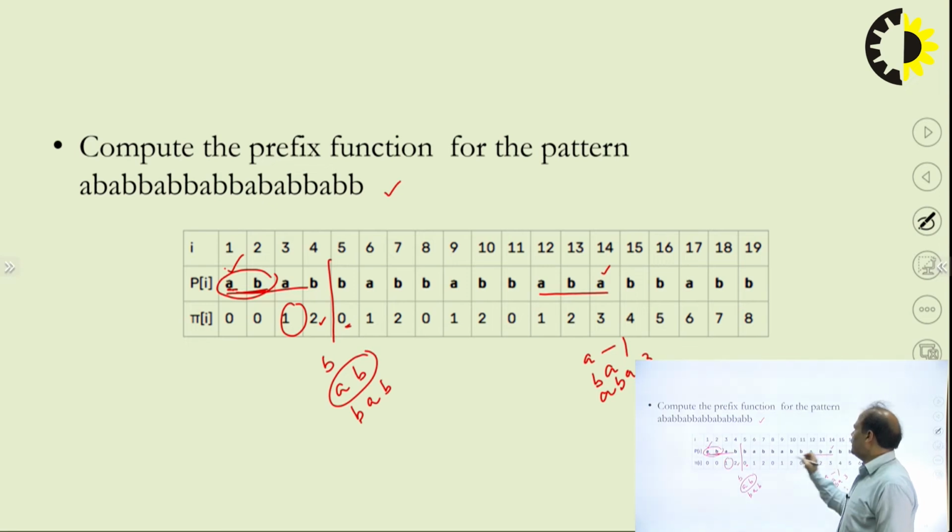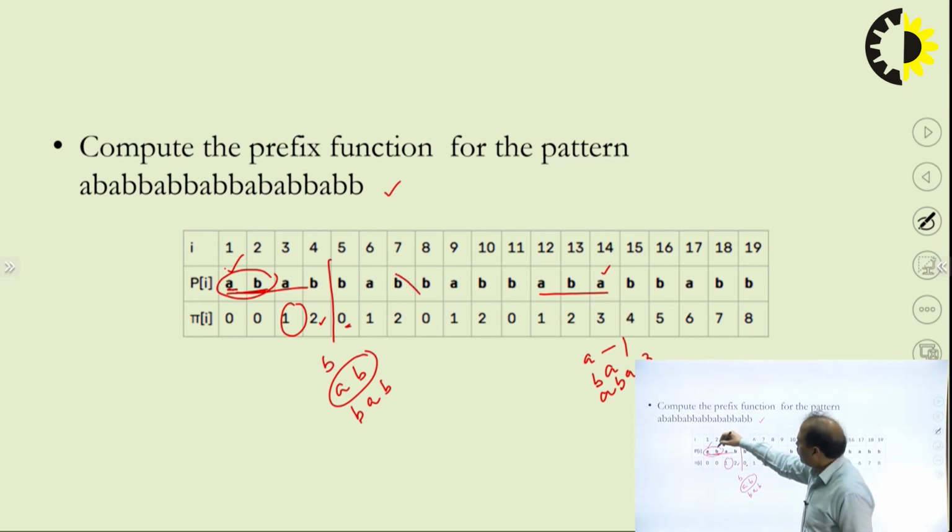And then BA is not a prefix, BABA is also not a prefix. So you will see that none of them will be a prefix and we have to find out up to this.